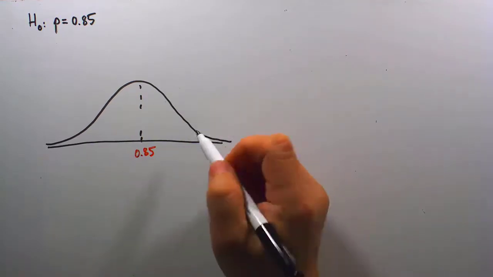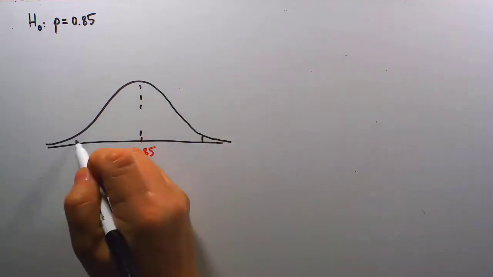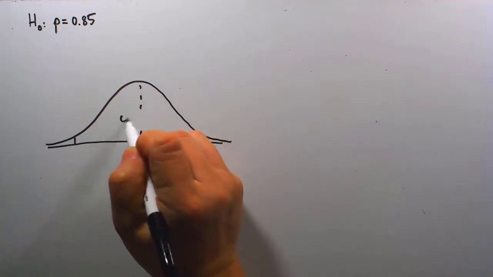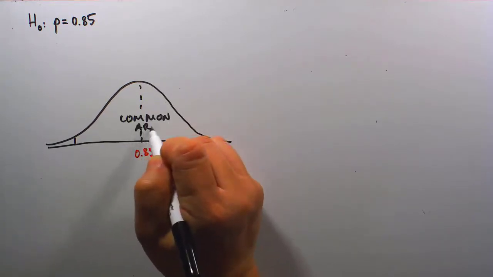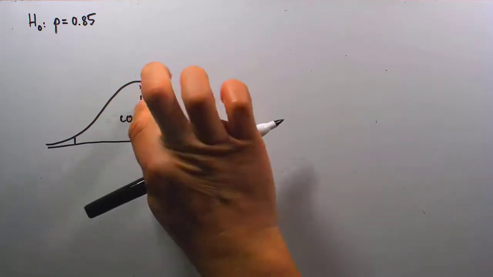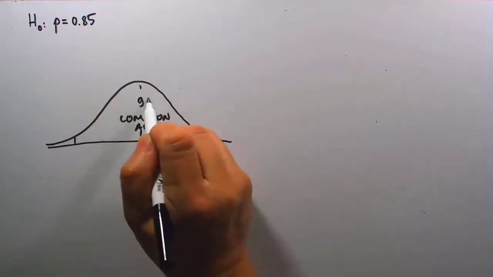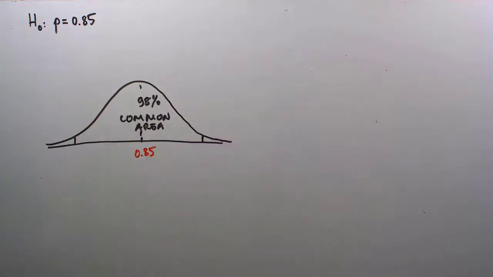And this bell curve now has a common area being as large as 98%. Okay, and that's a pretty big common area.